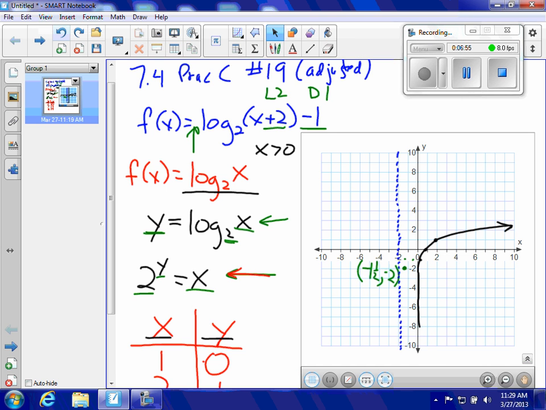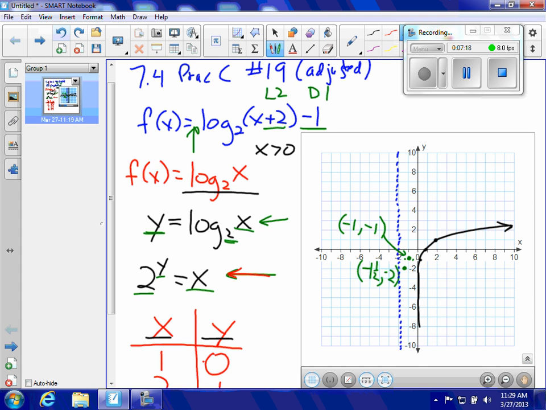Okay, so I had that first point. My second point was 1, 0. I'm going to move to the left 2 and down 1. So that point is negative 1, negative 1. And then my last point here was at 2, 1.